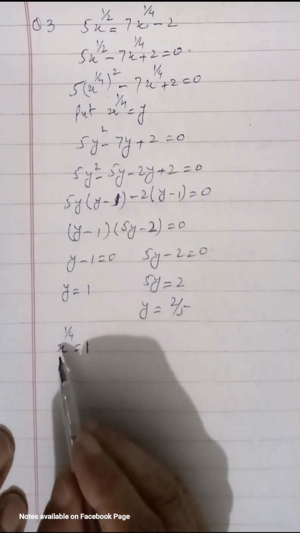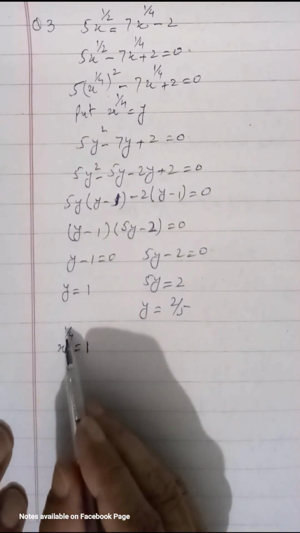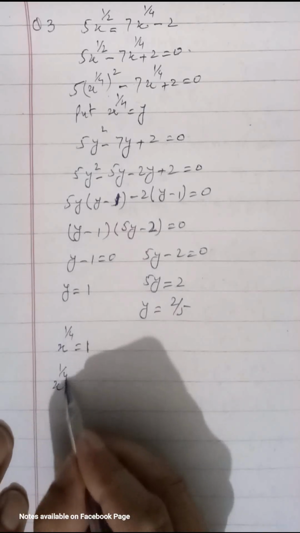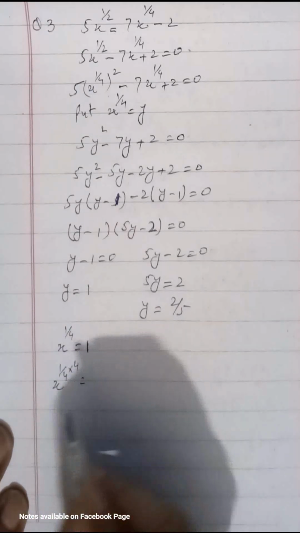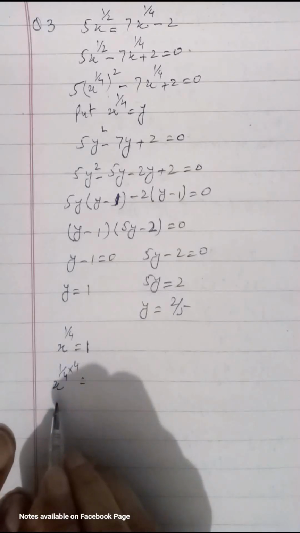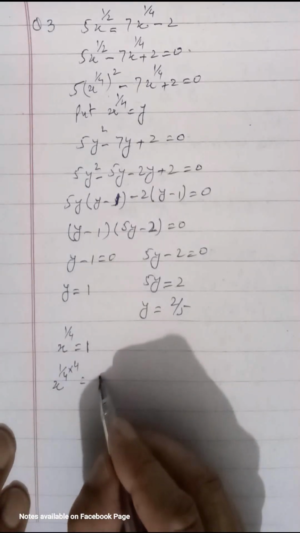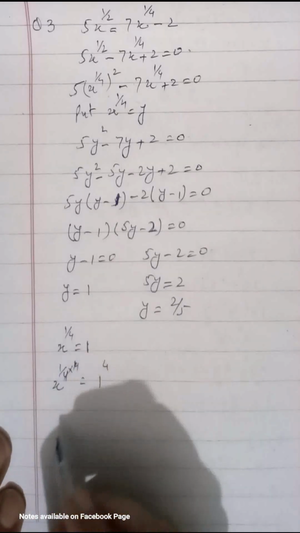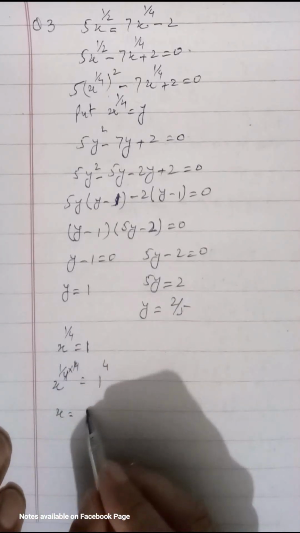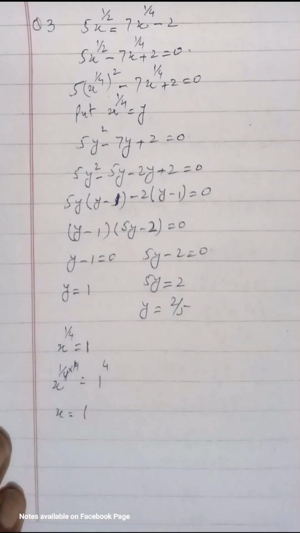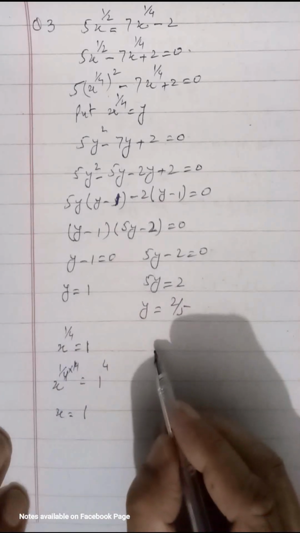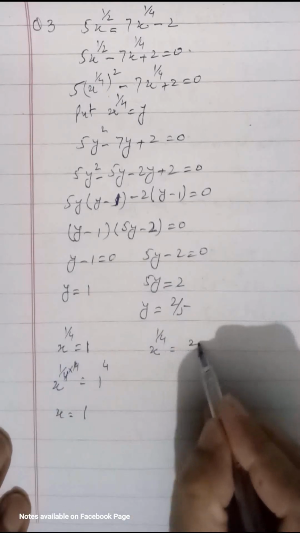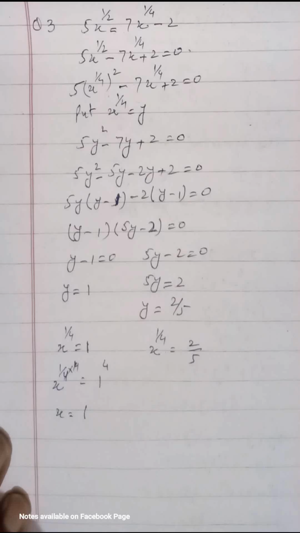Here we multiply the power of x, 1 over 4 multiplied by 4, and we multiply 4 on the left side and the same on the right side. 4 is cancelled with 4, x is equal to 1 power 4, which means 1, and on the other side x power 1 over 4 is equal to 2 over 5.